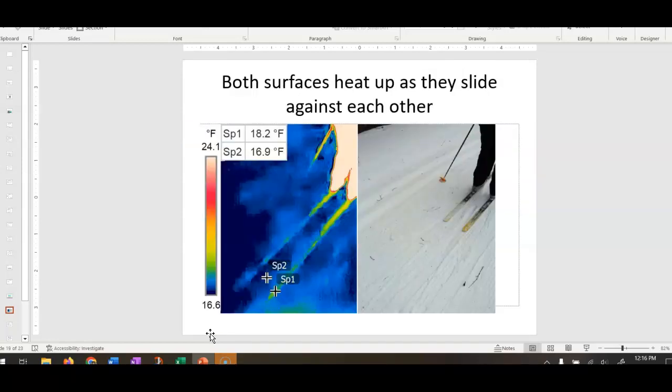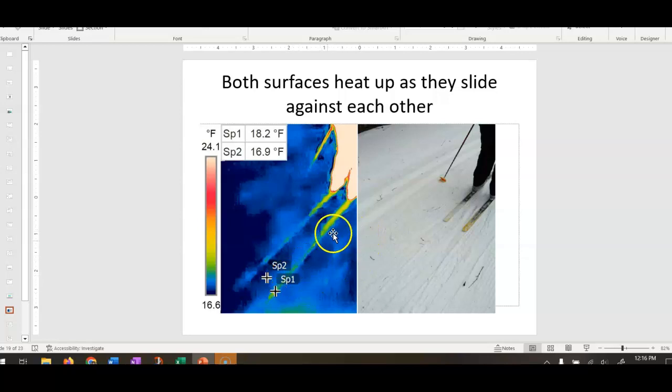Here's another example of that. Here you can see the legs of a skier and the skis, and they've slid across the snow. And over on the left, we've got a photograph that was taken with a thermal camera, and the colors represent the temperature of what the camera is seeing.